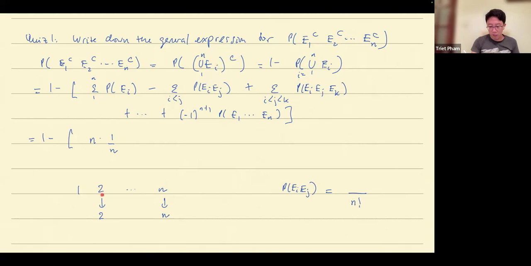If the second person and the nth person get the right hat, it doesn't say anything about what happens to the other persons. The first person could get the right hat or not. It's all included in that scenario. In other words, when you fix these two positions, every other position can permute among themselves. So there are (n minus 2) factorial ways to do so.